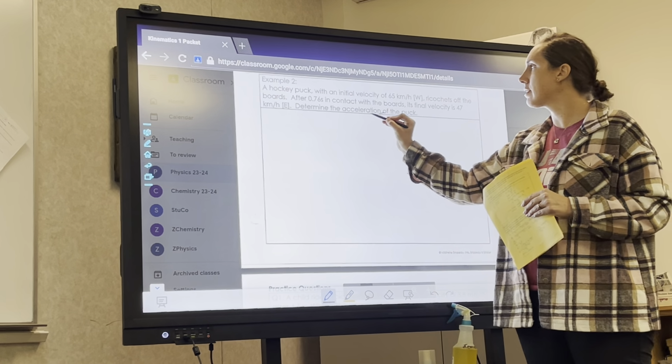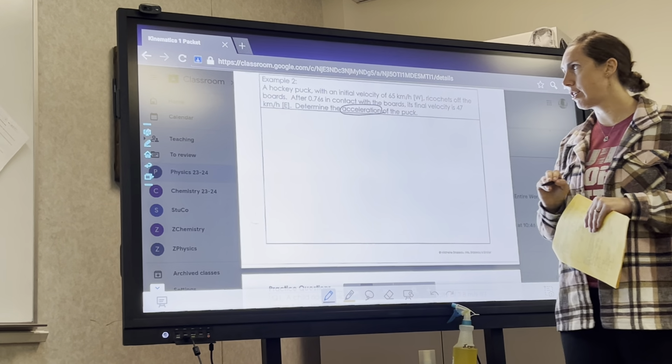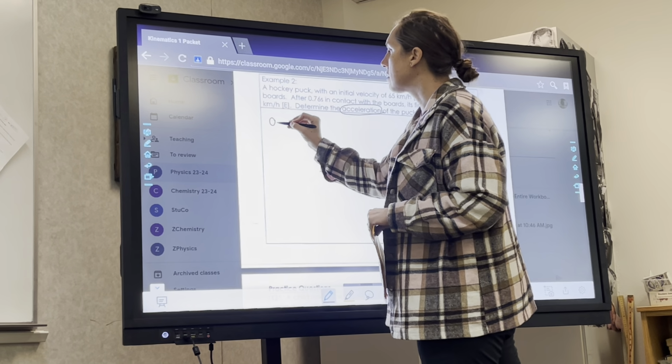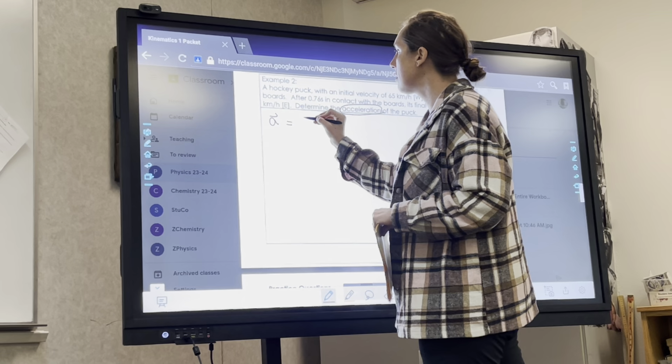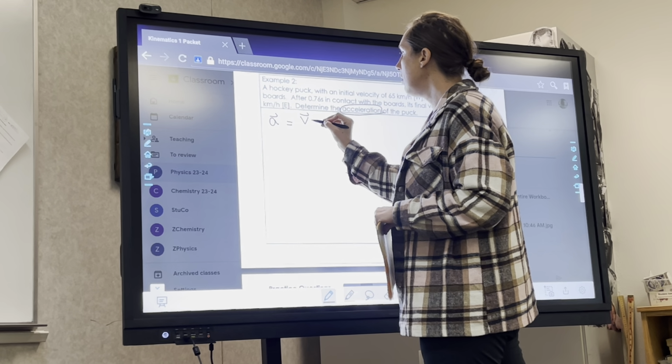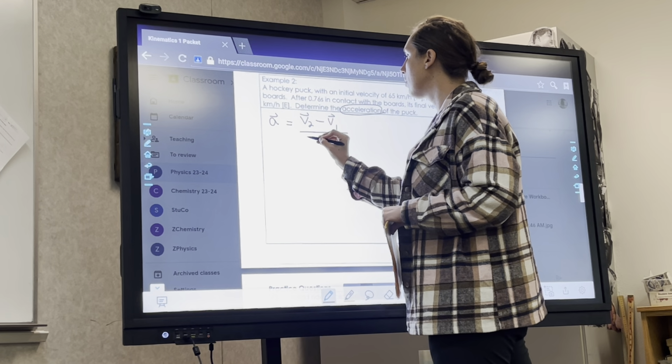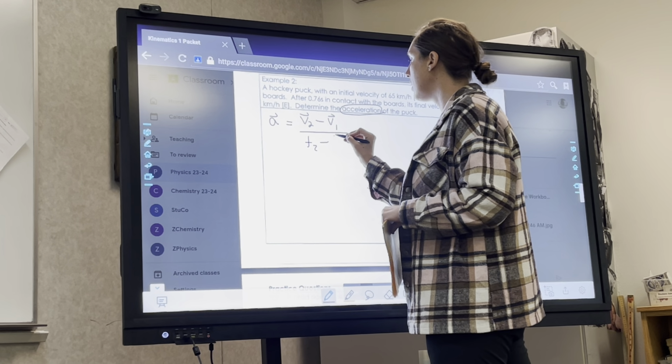So they are asking for the acceleration. First thing we're gonna do is write our formula. Acceleration is the final velocity minus the initial velocity all over the final time minus the initial time.